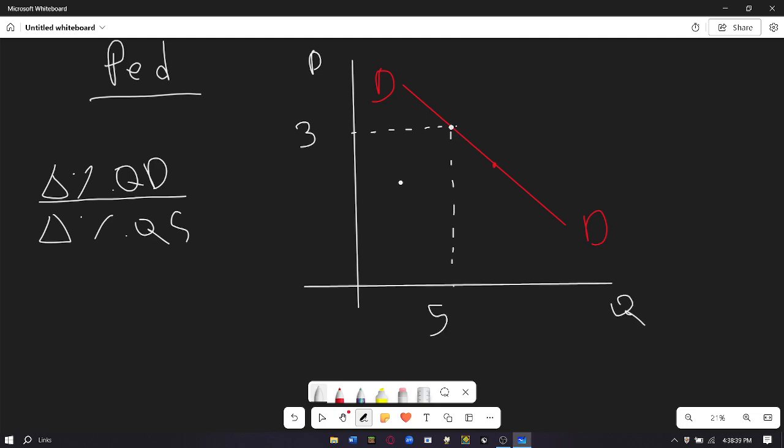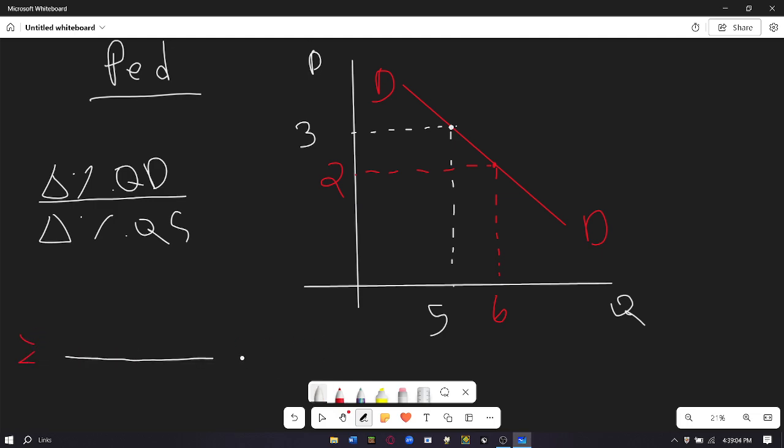Let's draw another point that goes a bit down. Let's say this point is 6, and this point here is something like 2. Firstly, it's the percentage change in the quantity demanded.